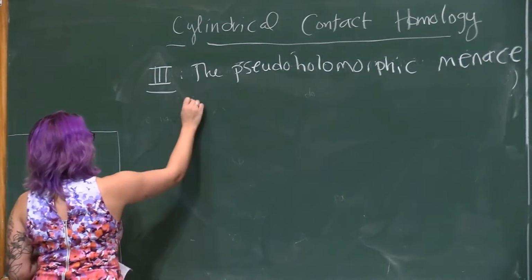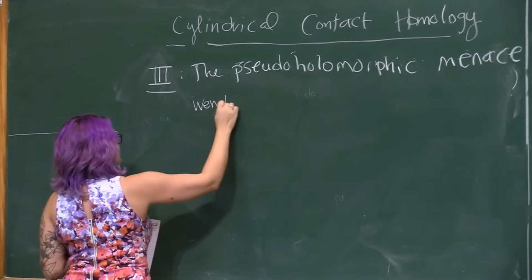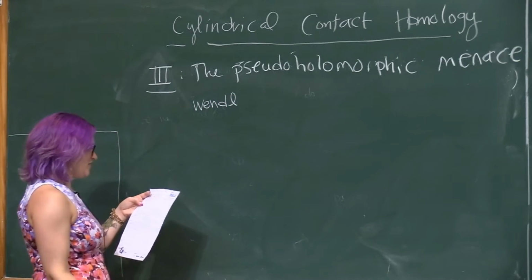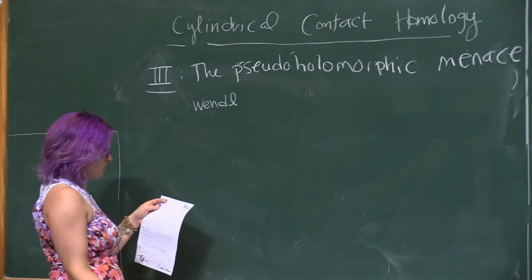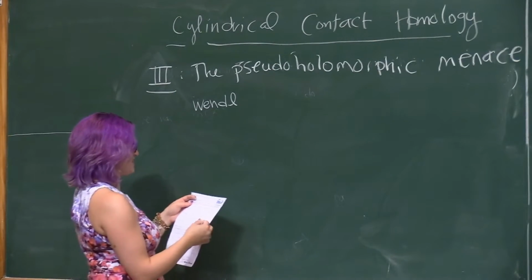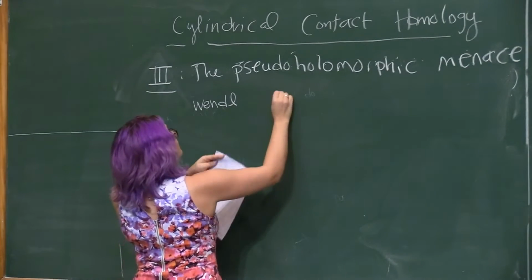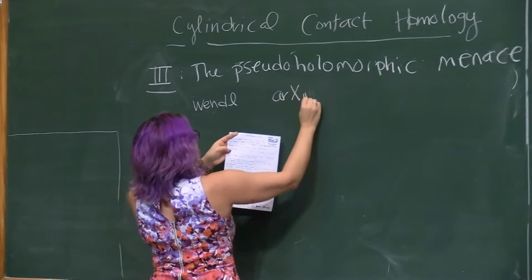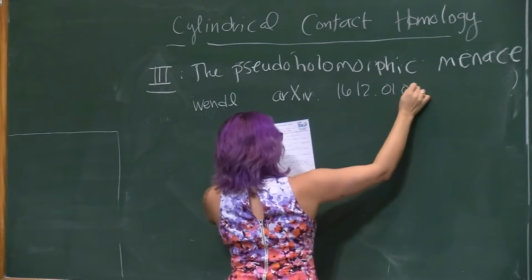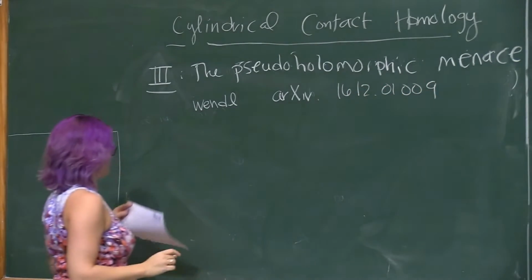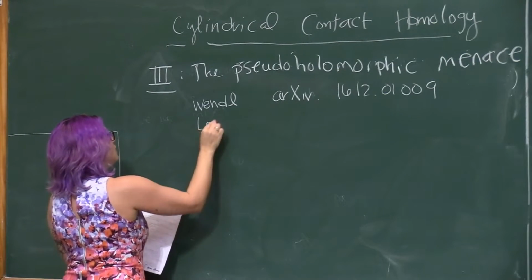And unfortunately, Chris Wendl taught a course, and whenever he teaches, he turns his actual lecture notes into typed lecture notes, which turn into books, which is a skill I have yet to master. But he has lectures on symplectic field theory, which are, I think, like 300 pages at this point.